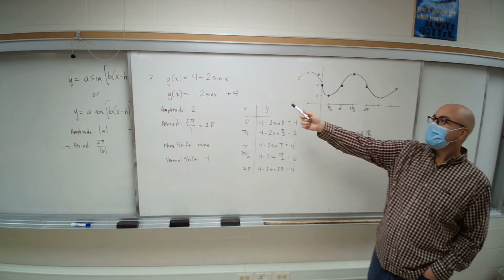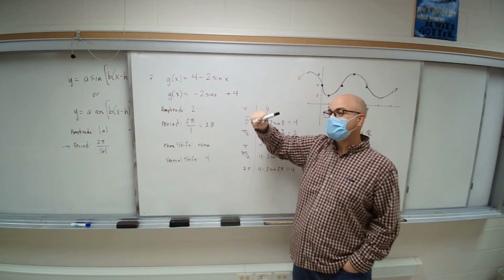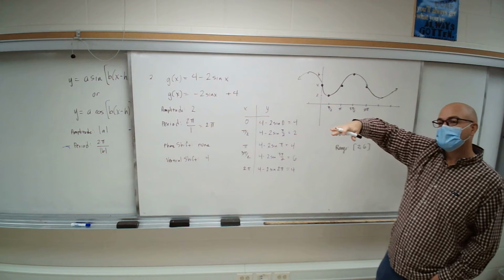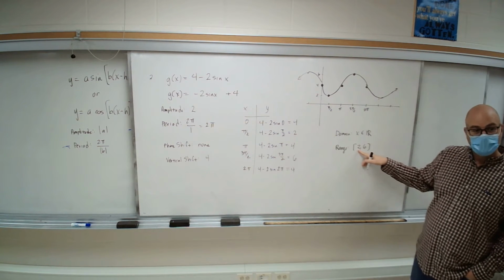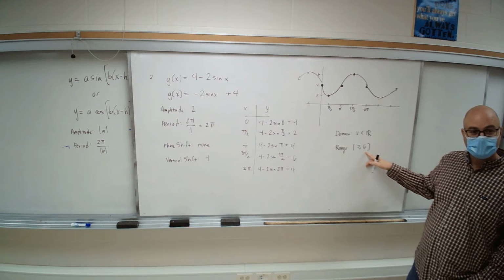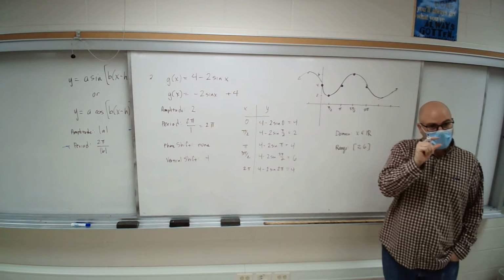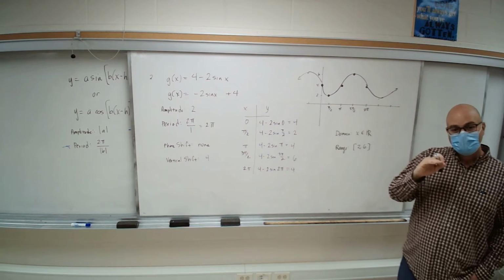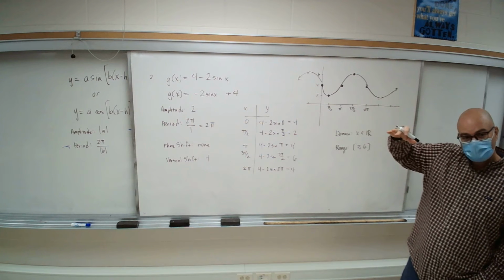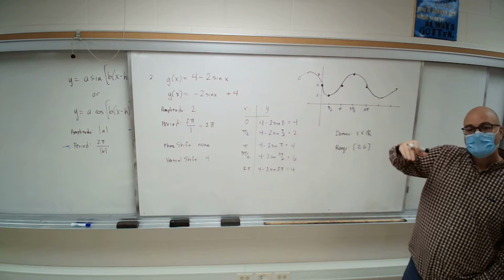If we know the midline is at 4, and then we know that the amplitude is 2, so you're going to go from 4, you're going to go down 2 to 2, and then you're going to go up 2 to get to 6. So you can usually tell pretty quickly the band of where your values are going to lie, just based upon the vertical shift, right? The movement of the midline and the amplitude.